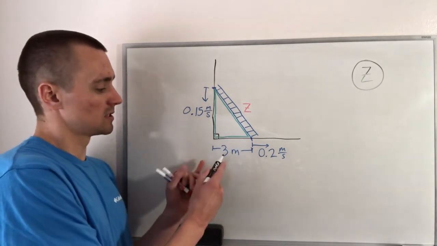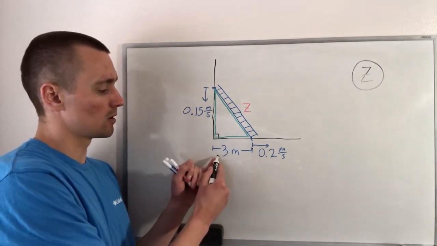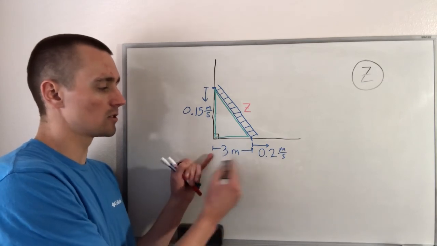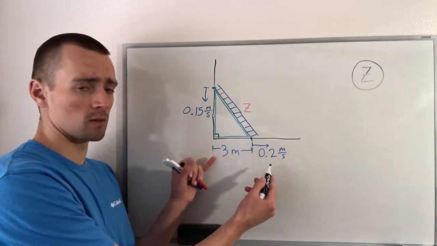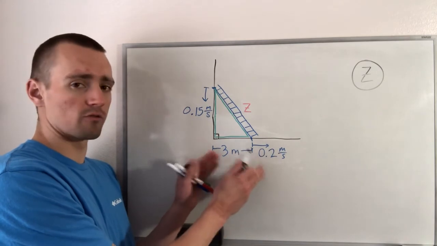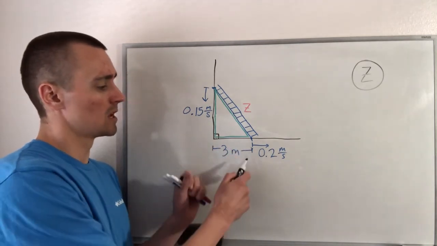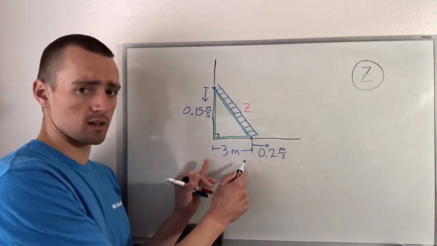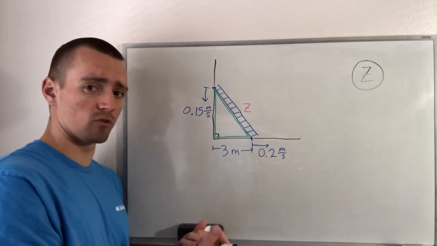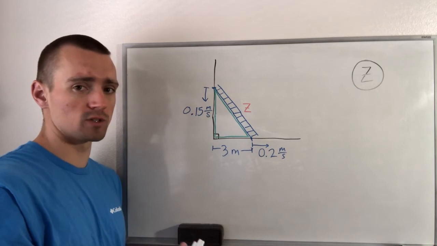Since we do know information about this side length and also how much it is changing, those both relate to the length of this side at this time. So that tells us that the length of this side is something we can use in our equation.